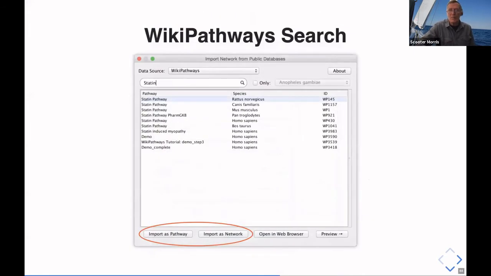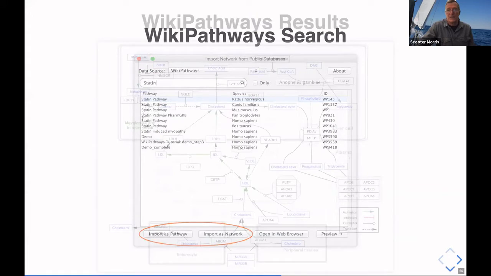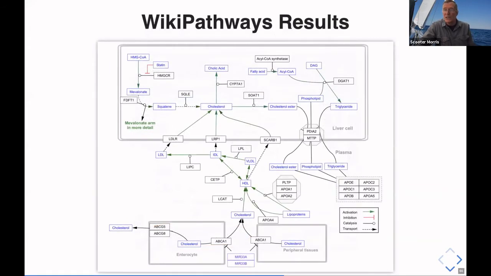You're going to get the option to import it as a pathway or as a network. And if you import it as a pathway, this is what you see. It looks a lot like the pathway that you would see on the website. And each of these are nodes in Cytoscape. And when you want to map any data to those nodes, you can do that. And we'll show you how to do that in a little bit.